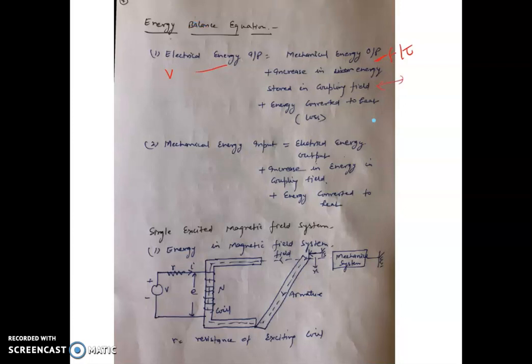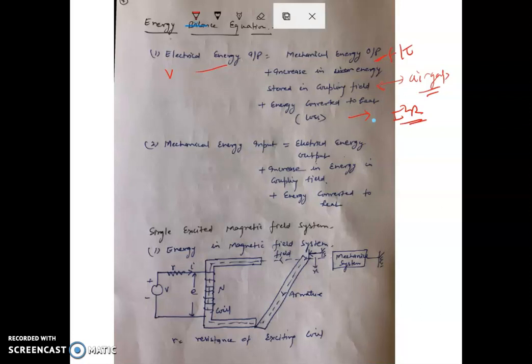The energy stored in the magnetic field, suppose in case of a machine there is an air gap. In that air gap, the magnetic energy which is stored is the energy of the coupling field. Next is the energy converted to heat. Those are the losses, I square R losses basically.